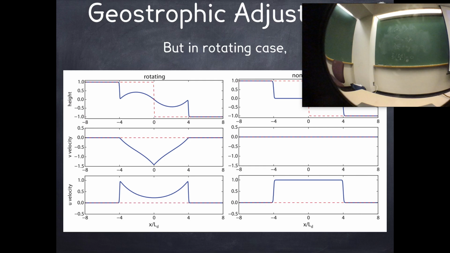And at the long time solution, what will this side look like? It'll be a flat surface. At the long time solution, what would this side look like? A geostrophic flow.